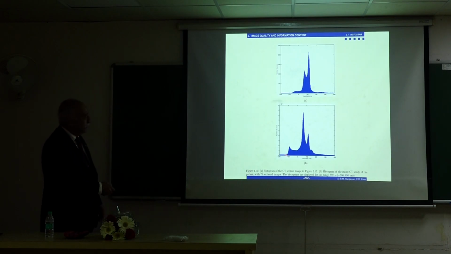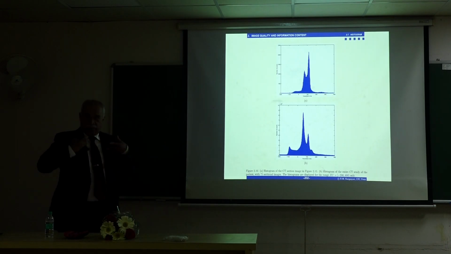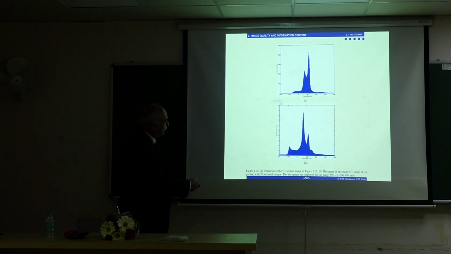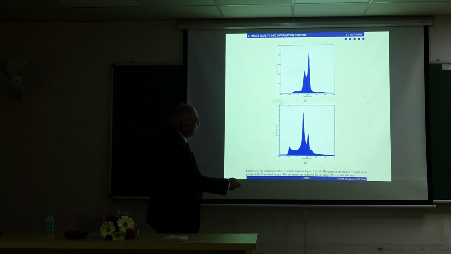This is the histogram of the entire scan of the patient in 3D, all these slices. You get a better histogram. Now it is spread over a wider range. Now you can see the peaks more clearly. So these are all the abdominal organs. This is perhaps the cancer tissue of higher density or attenuation. This is calcification spread over various values, 200 to 400.